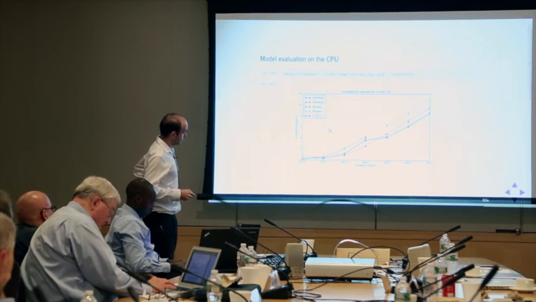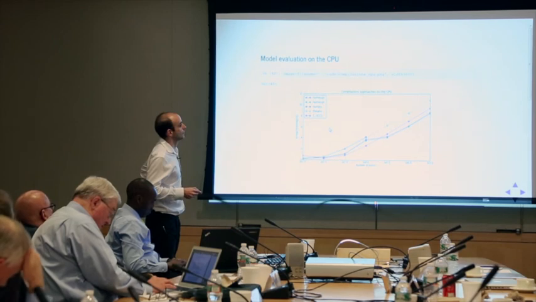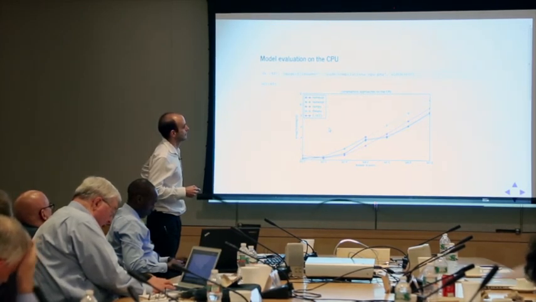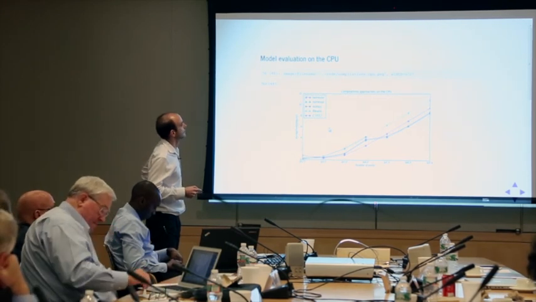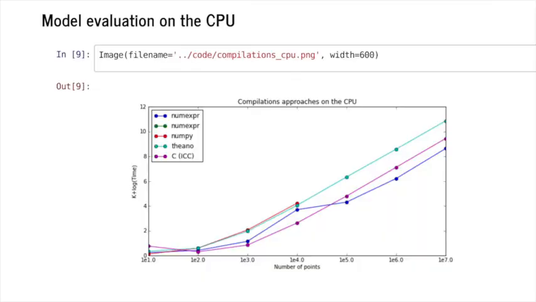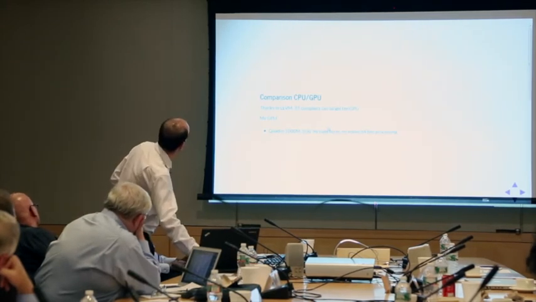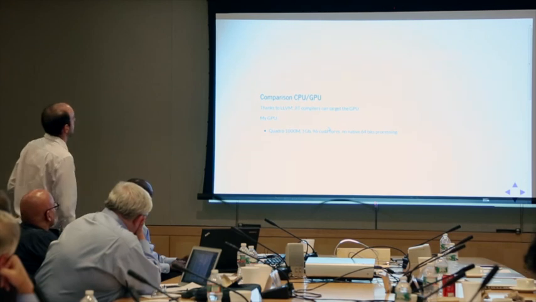And so you see that at some point, the specially compiled version becomes faster than C optimized by the Intel processor. And actually the difference on this scale is a bit smaller than e, meaning that the C code is actually 2 times slower than the optimized version. And this was on my laptop actually.